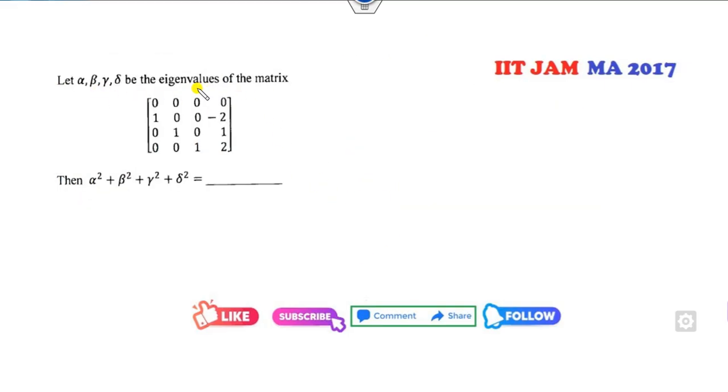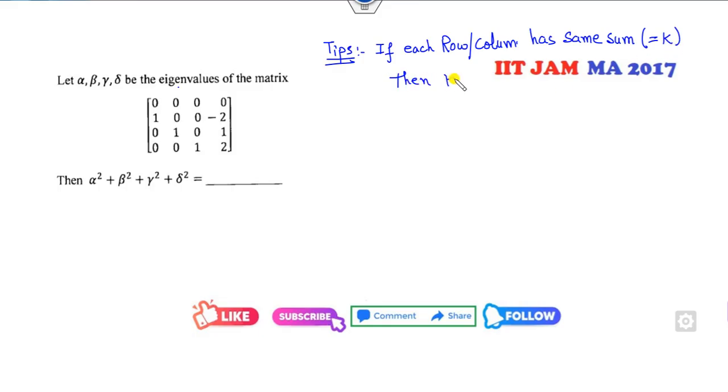Okay, alpha, beta, gamma are the eigenvalues of this, and how can you find them? Always remember, if each row or column, any one of them, has the same sum, say equal to k, then k is an eigenvalue.